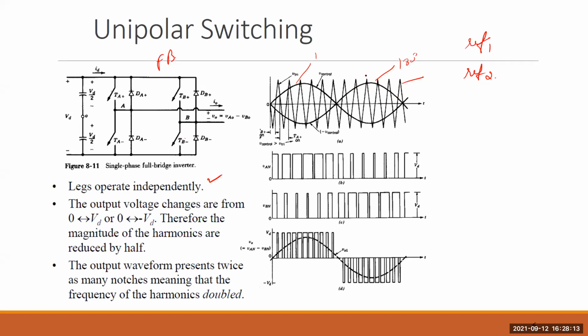This is 1 and say this is 2, and they are compared with a common triangle, same as before, but we have two references now. So reference 1 is say for TA plus like before, and say reference 2 is for TB plus.